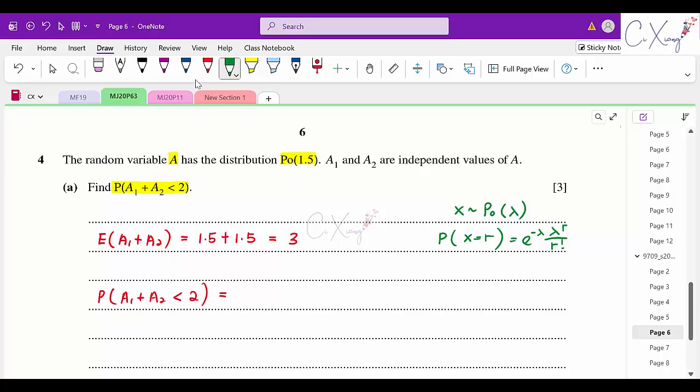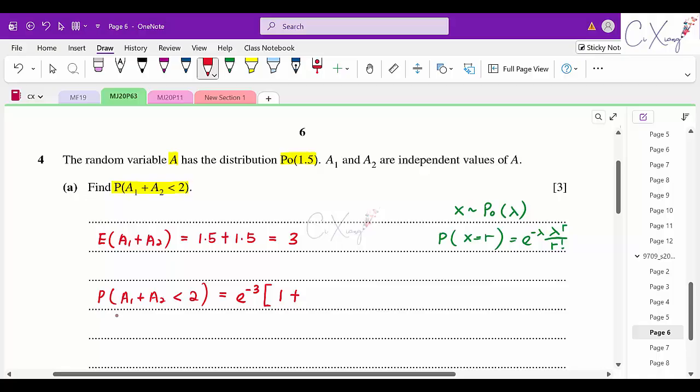If I want A1 plus A2 smaller than 2, you can have A1 plus A2 equals 0 first. So equals 0 means e to the negative lambda, lambda power 0. Lambda is 3 in this case, power 0 gives 1, divided by 0 factorial, which is 1. So you get a 1 here.